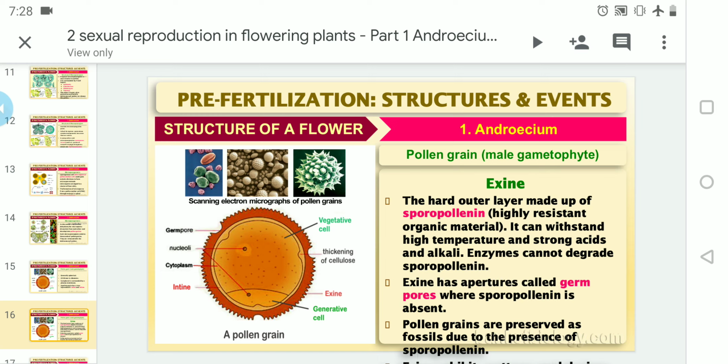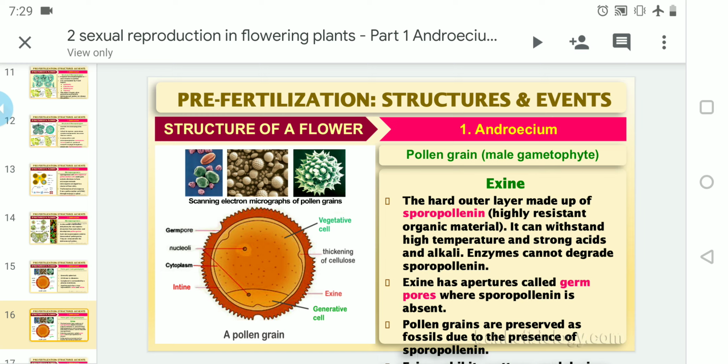If it is 2, dicolpate. If it is 3, tricolpate. If it is 4, then tetracolpate. But in this diagram, you can identify 3 germ pores where the sporopollenin is absent. As the pollen grain germinates, the pollen tube arises from these germ pores only.